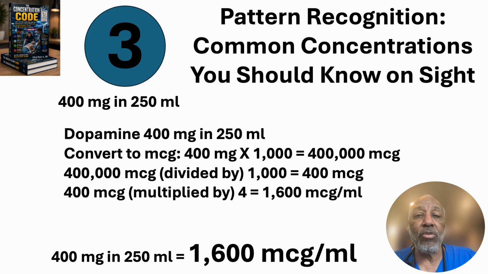That 30 milliliters per hour figure is a useful clinical anchor for standard dopamine dosing in an average adult. 1,600 micrograms per milliliter. Know it on sight.